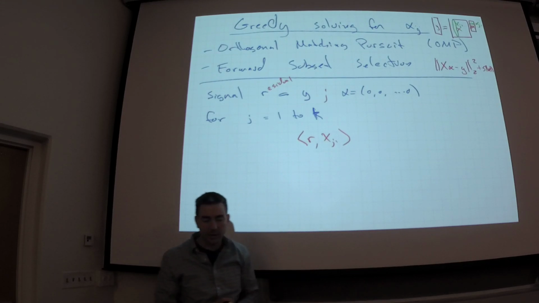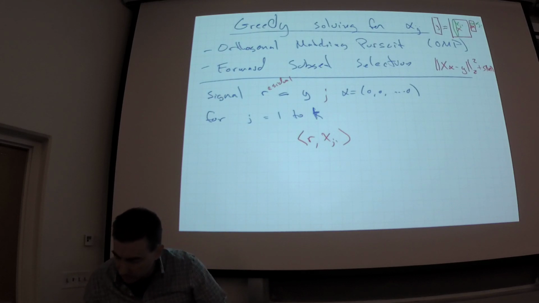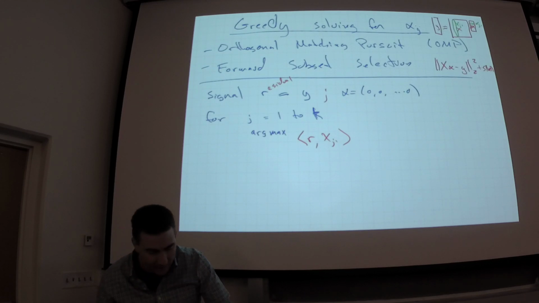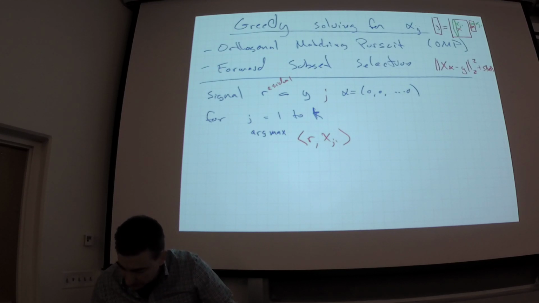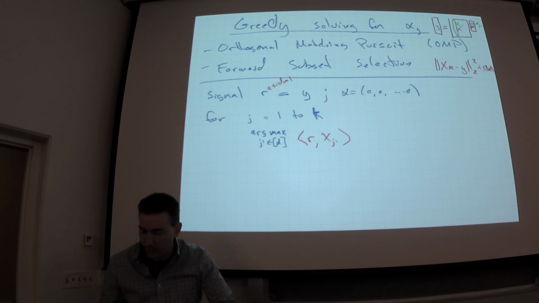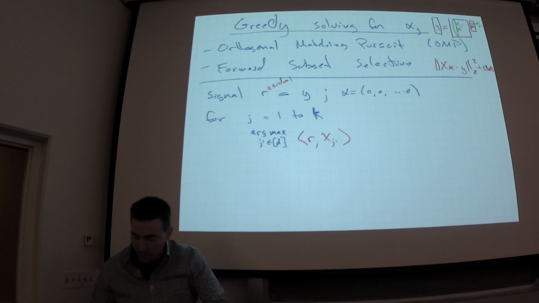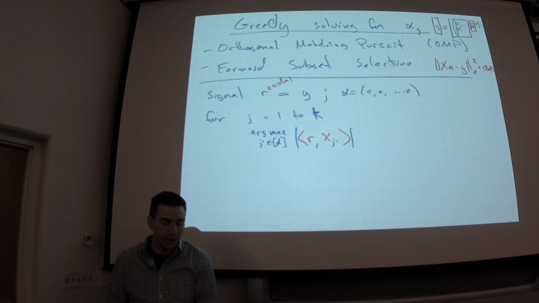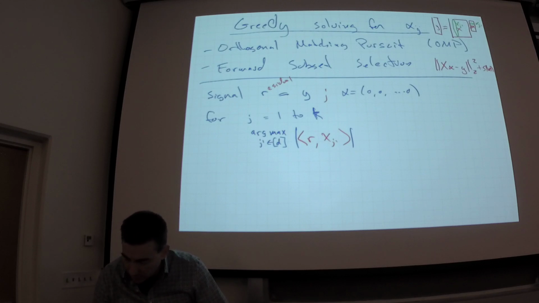So I want to find the column xj which maximizes this dot product. I'll take an argmax over j prime in the set of these columns, where the absolute value of this quantity is large, and I'm going to set this equal to j.